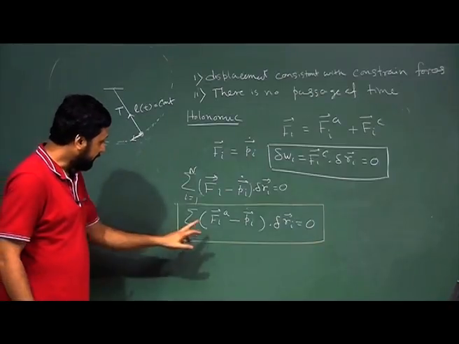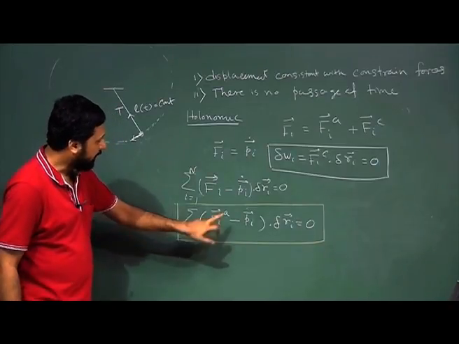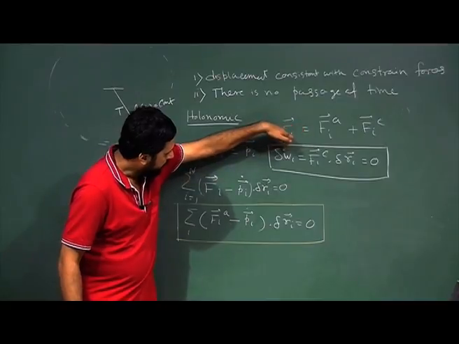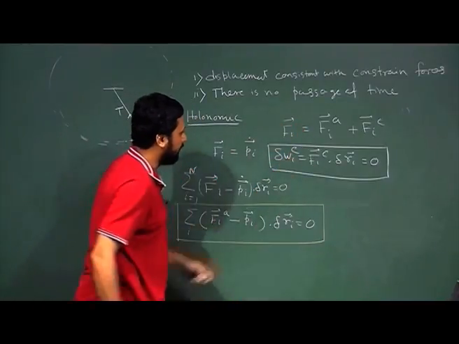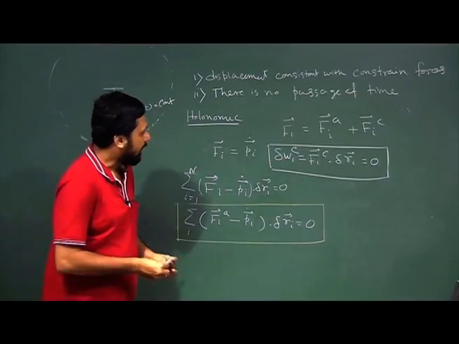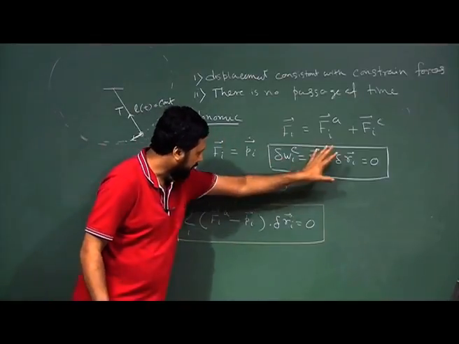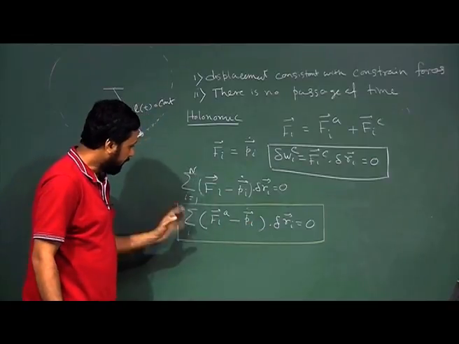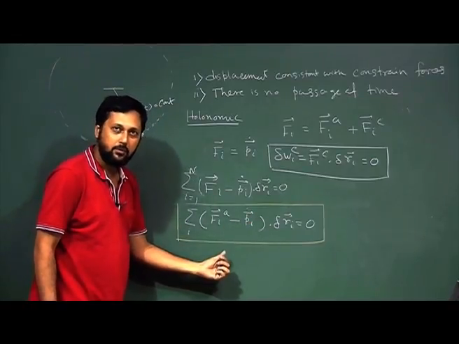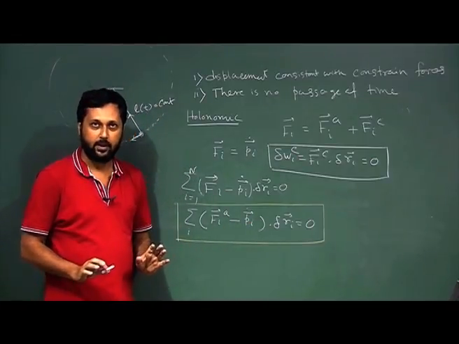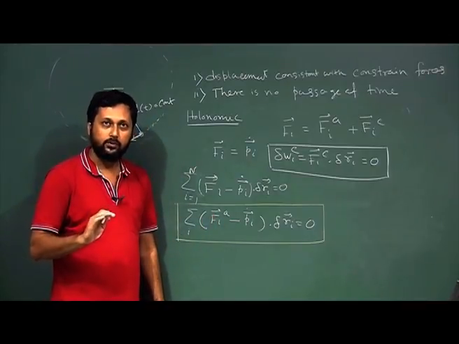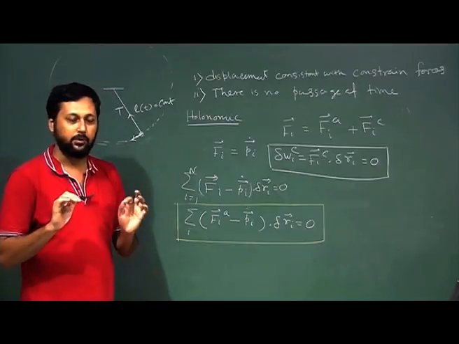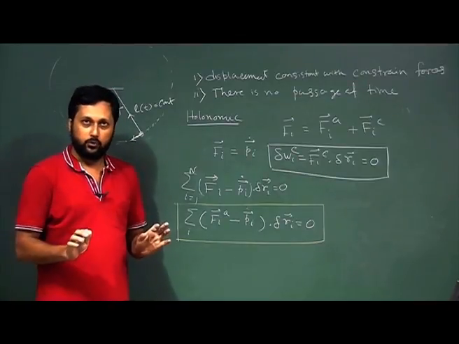The advantage is, here we have already found out the work done due to forces of constraint. I should write a C here. And as this is always equal to 0, we have subtracted this from this equation. So, this equation is free from any force of constraint. F A is the applied force. So, whatever forces we have applied on the system, we will consider only those.